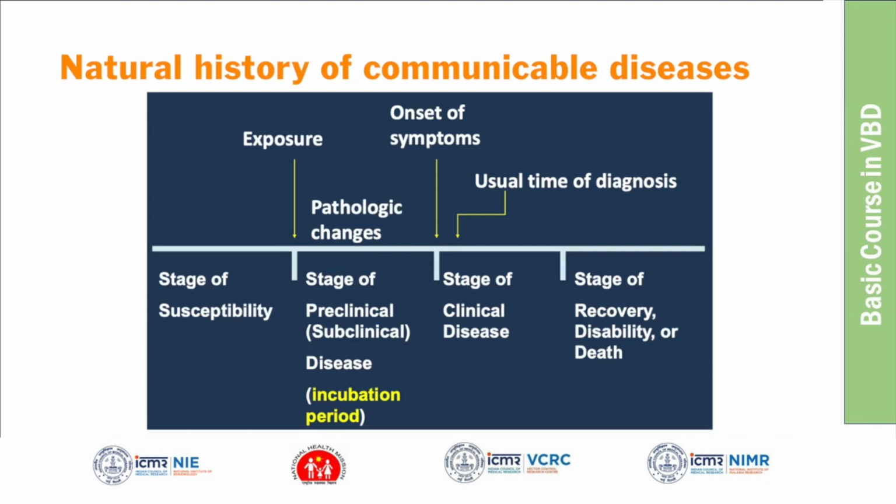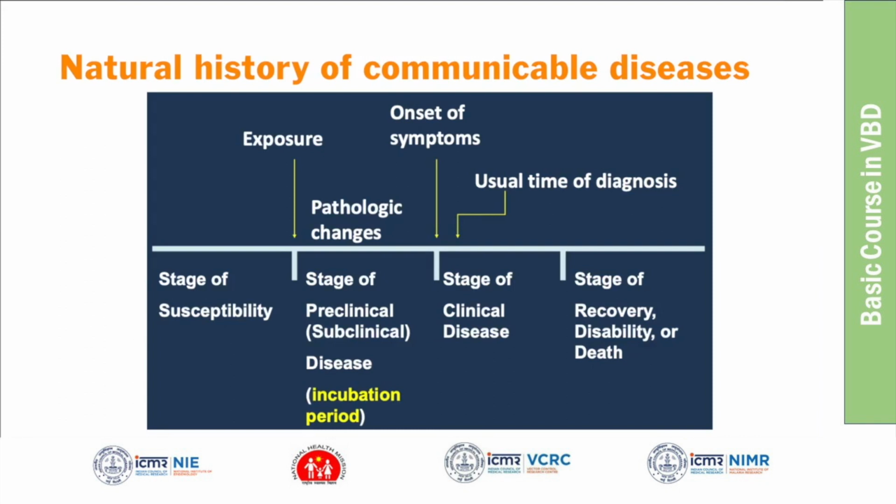Then comes the usual stages of progression. One, you will be able to now clinch the diagnosis, saying that this diagnosis is dengue hemorrhagic fever, for example. And then as a result of the disease and its consequences, depending on the management and also various other factors, including the host factors, the person may recover or get some residual effect of the disease or may die.